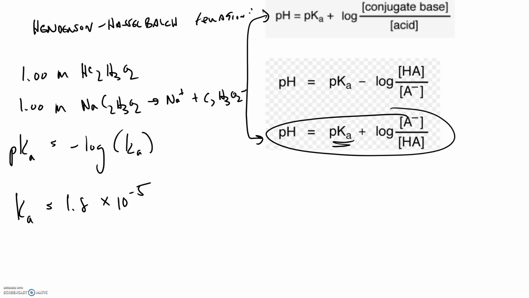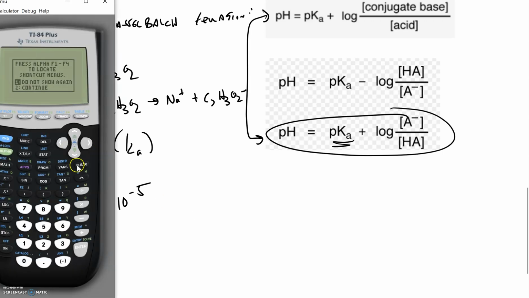So let's take our calculator and let's find the pKa. Negative log of 1.8 times 10 to the negative fifth. We get a pKa of 4.74.